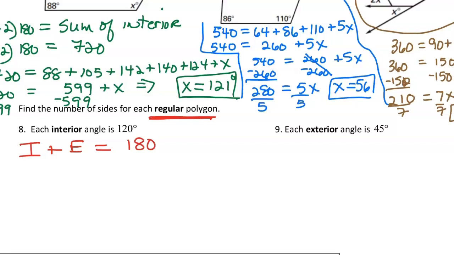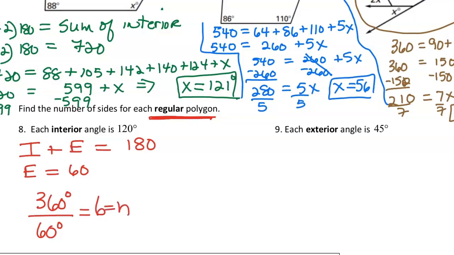You should easily be able to say that my exterior is 60. Since the sum of the exterior angles is always 360, and each angle is 60 degrees, you have 6 sides to that shape. That's using exterior angles.